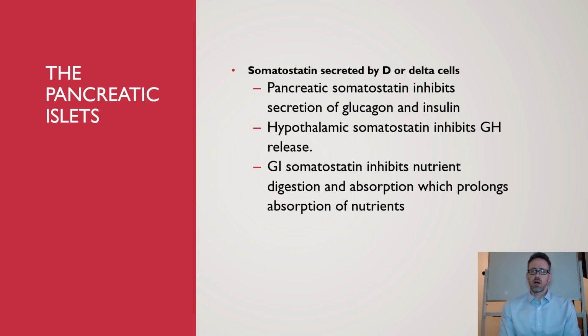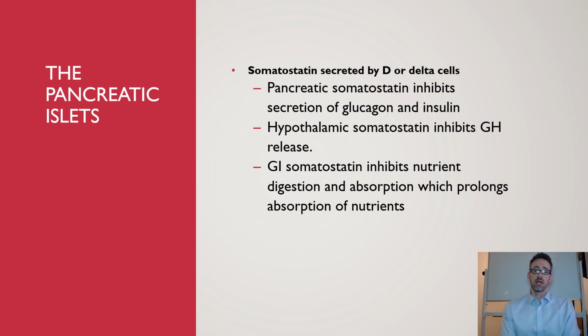And the last one I want to talk about in those islets there, the last type of cell is a delta cell or a D cell, which releases somatostatin. Now, I've talked about somatostatin in some of my other lectures, where we talk about it in the hypothalamus, where somatostatin inhibits growth hormone release, for example. In my GI lecture, I talk about somatostatin inhibiting nutrient digestion and absorption.